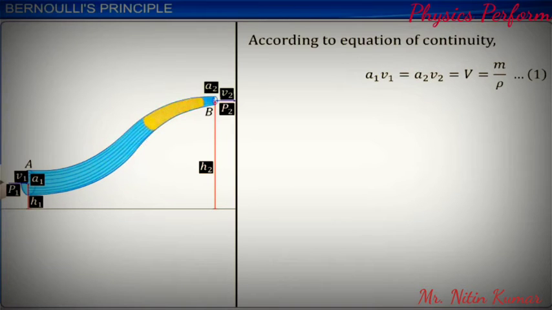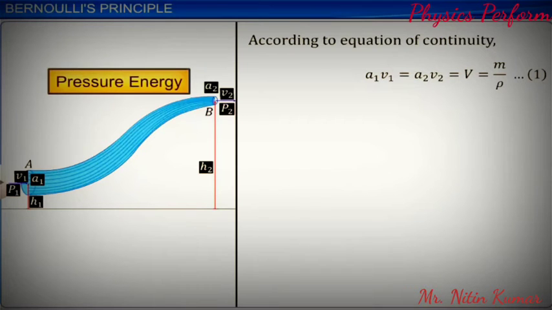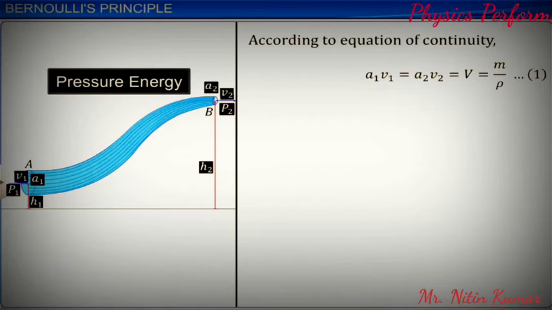Thus, the work done per second on the liquid element against the force due to pressure at A, which is referred to as pressure energy, is given by P1A1 into V1 is equal to P1V. Let this be equation 2.